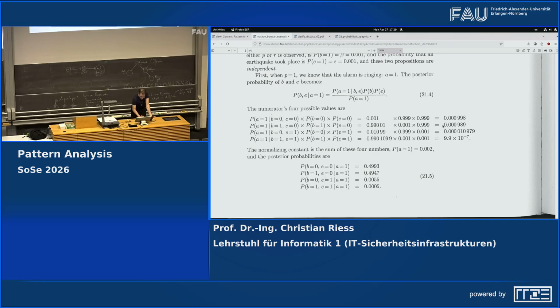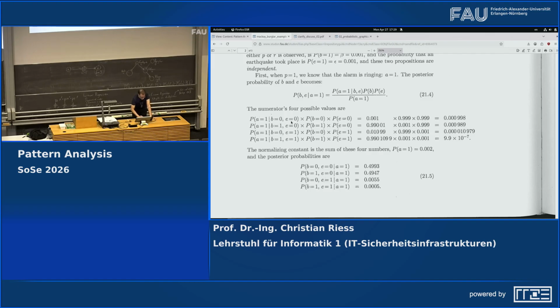If we look at the resulting values, we have a super small value here for alarm went off and a burglar and an earthquake occur. We have a small probability here, like 1 in 1,000 approximately, that alarm went off and a burglar occurred. And similarly, that alarm went off and it's just a false alarm.